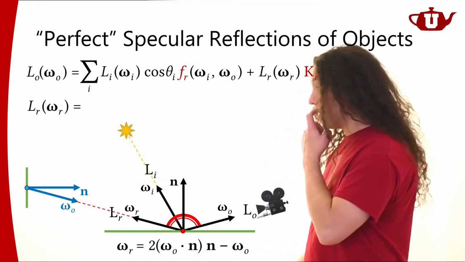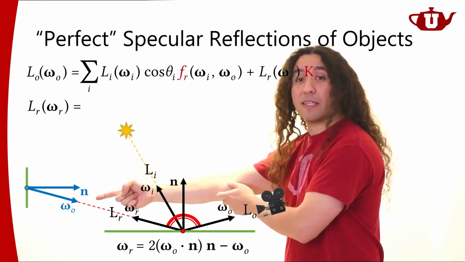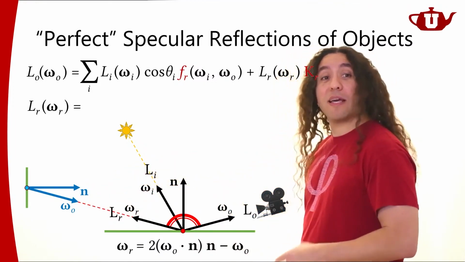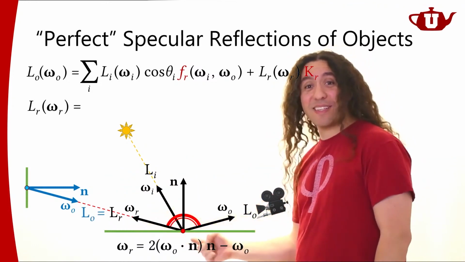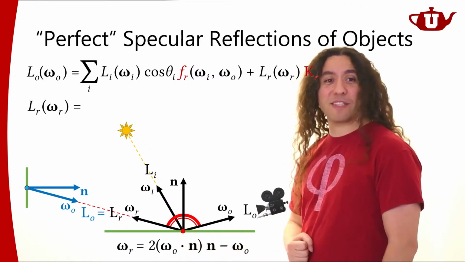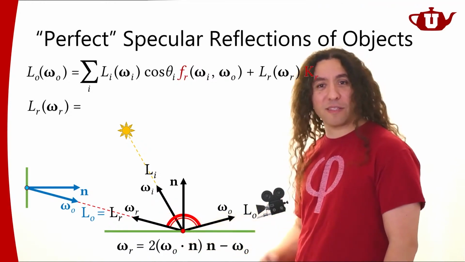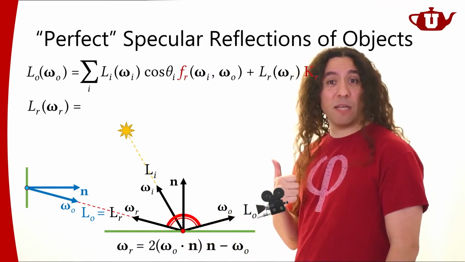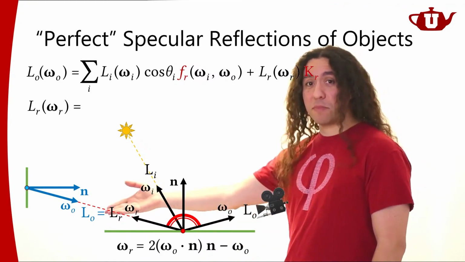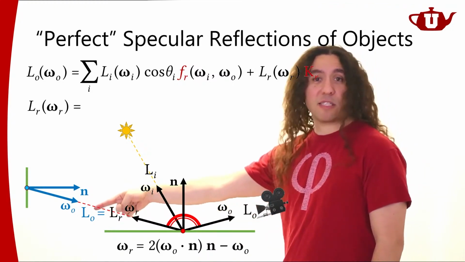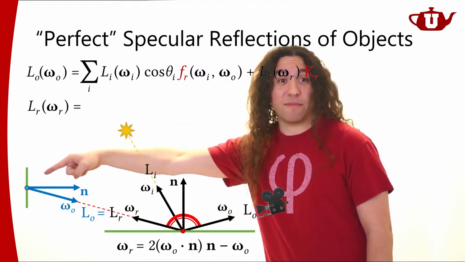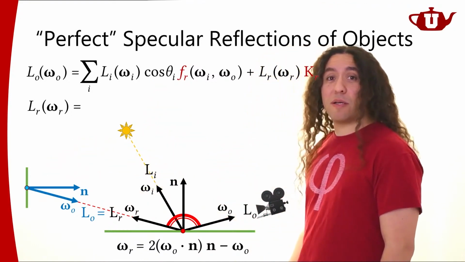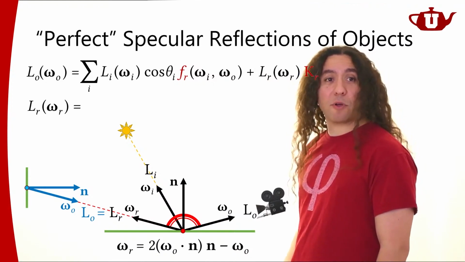And the reflected light in this view direction is going to be equal to the incoming reflection light over here. So I just need to compute this. That means I just need to do the same shading that I did, but on this point, this side. That's exactly what I'm going to be doing.